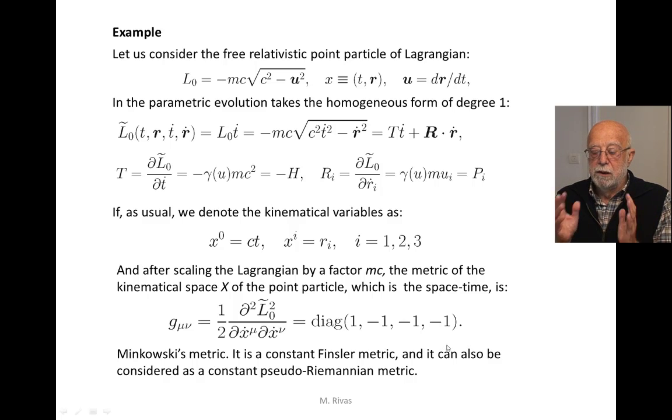It is clear that this constant Finsler metric can also be interpreted as a constant pseudo-Riemannian metric. But it is a Finsler metric, a constant Finsler metric. This is important to realize because although it looks like a Riemannian metric, it is a Finsler one.